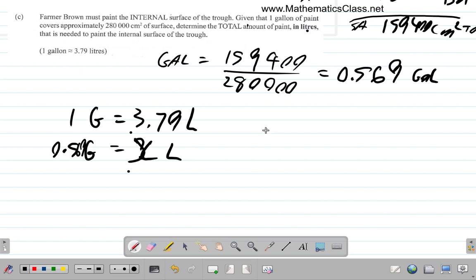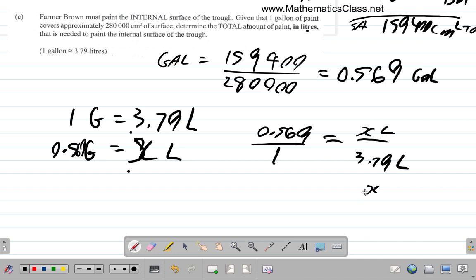So 0.569 gallon over 1 gallon will be the same ratio as X liters over 3.79 liters. So X liters equals 0.569 times 3.79.